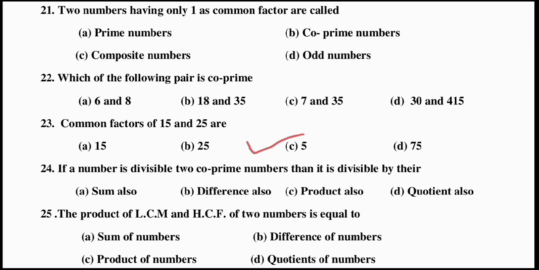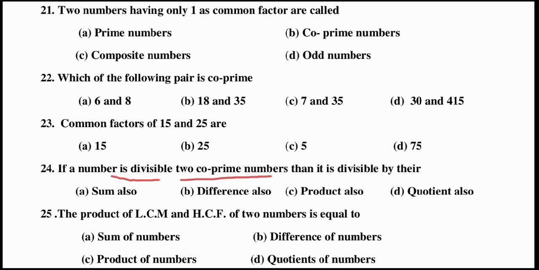Question number 24. If a number is divisible by two co-prime numbers, then it is divisible by their dash. First, you need to understand this question. What is the meaning of this? First, take one number which is divisible by two co-prime numbers.